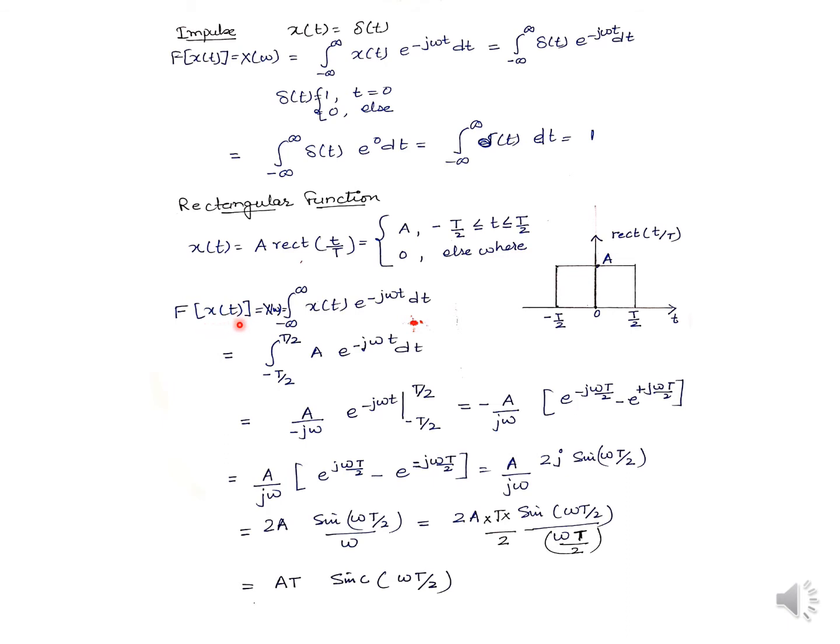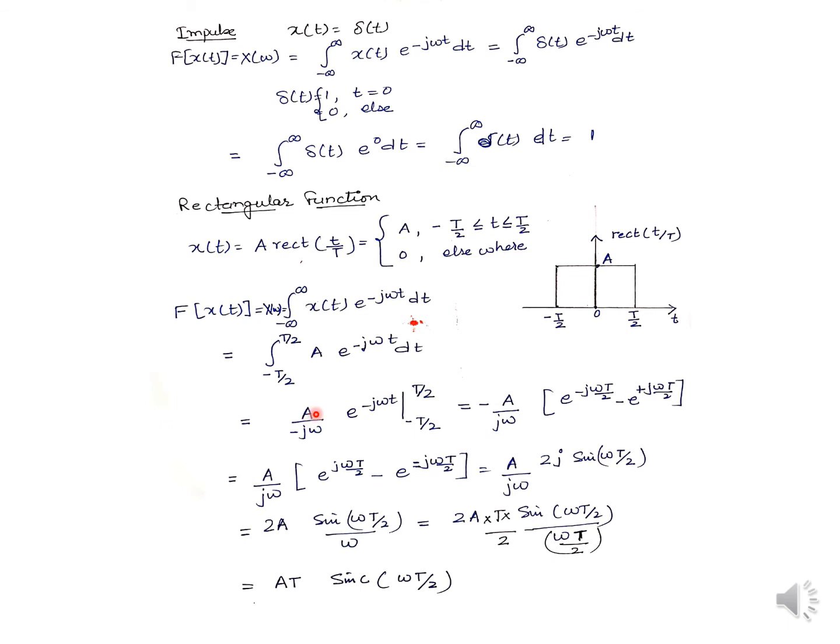So the Fourier transform of x(t) will be X(omega), integral from minus infinity to infinity of x(t) into e raised to the power minus j omega t into dt. So it's minus T by 2 to T by 2 where this function exists. You can say it has amplitude equal to a in this range only. So it will be integral from minus T by 2 to T by 2 of a e raised to the power minus j omega t integrated with respect to t.